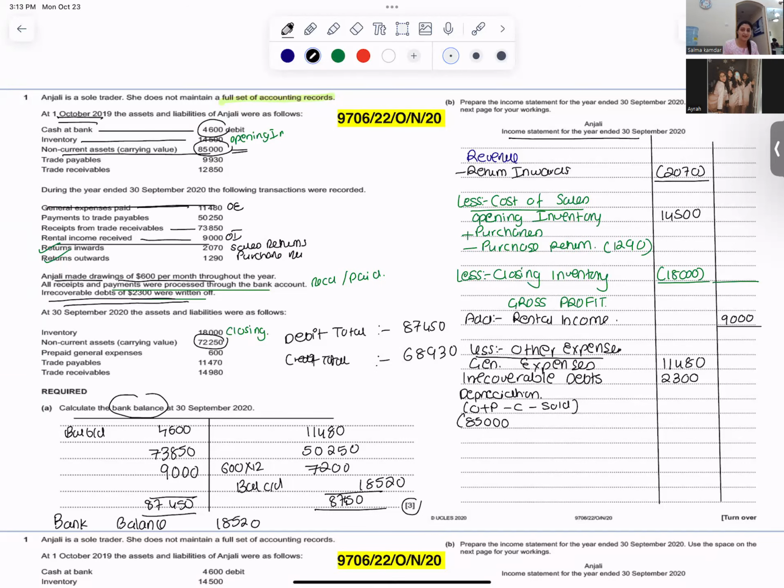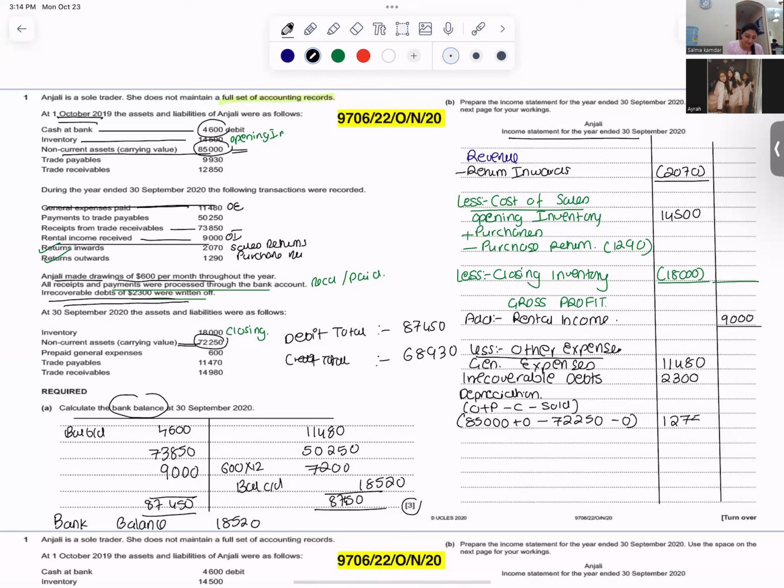If it's not there, we'll put 0. You have closing 72,250. So I will do 85,000 minus 72,250.